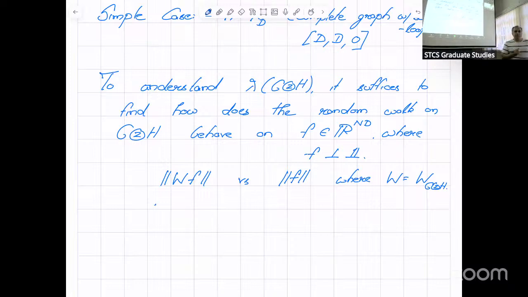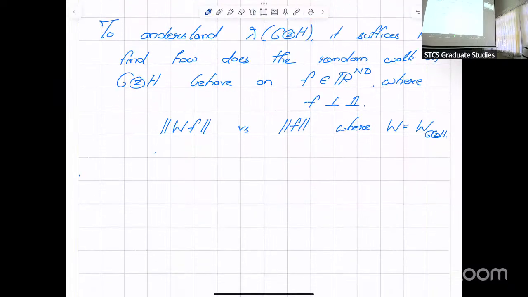Is that fine? Let's just get our hands dirty. This is what we said last time. Let's look at the special case when H is K_D star, that is the complete graph with self loops.